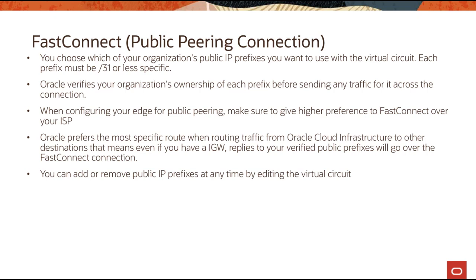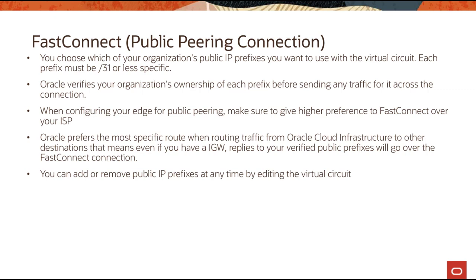We also prefer the more specific route when we are routing traffic from Oracle Cloud Infrastructure to other destinations. So this means that even when you have an internet gateway as part of your virtual cloud network, we will reply to one of your verified public prefixes on the FastConnect public virtual circuit.